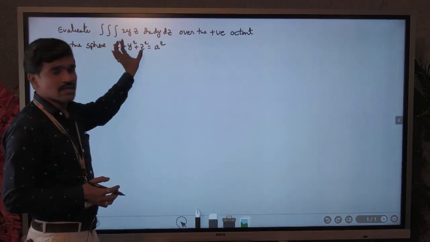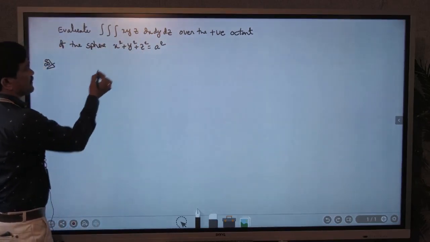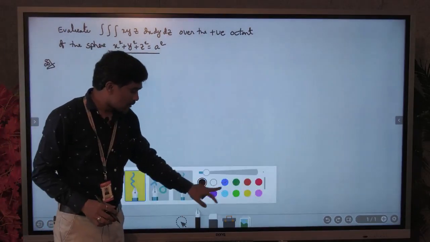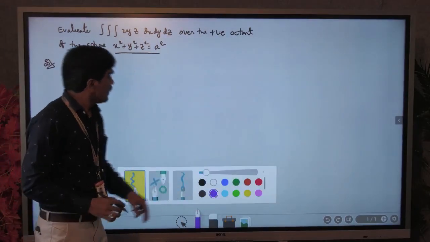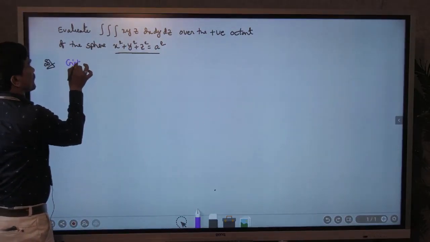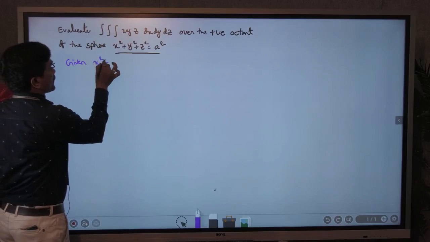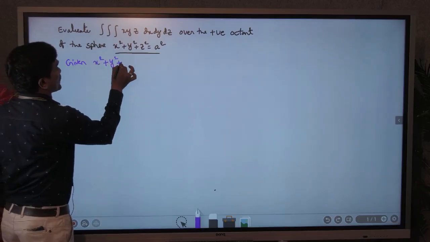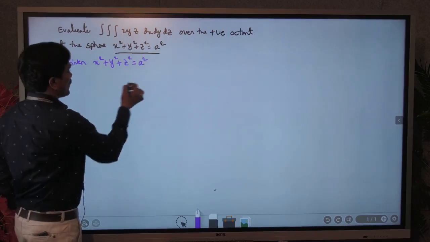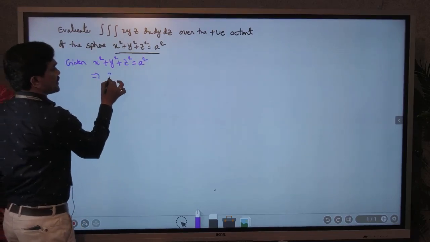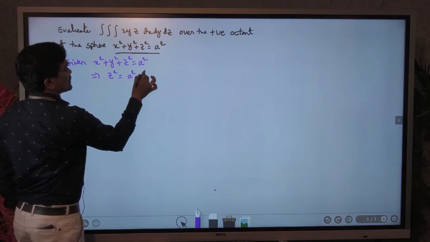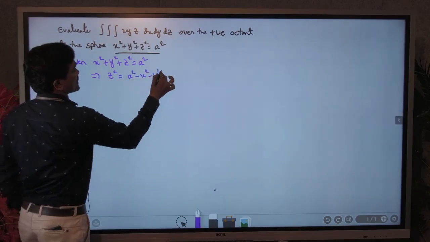From x square plus y square plus z square is equal to a square, z square is equal to a square minus x square minus y square.